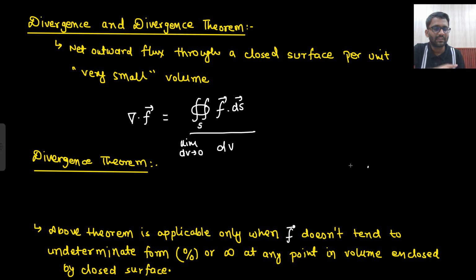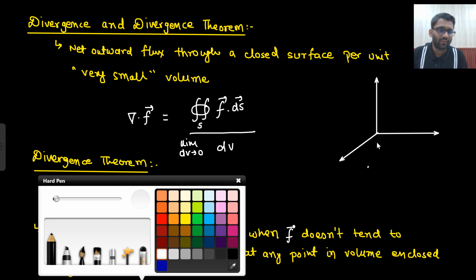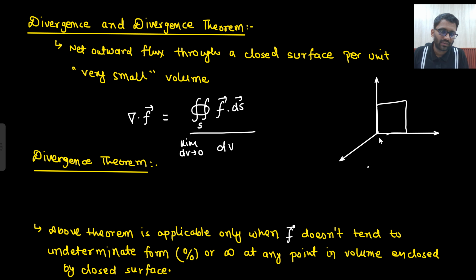What do you mean by closed surface? With the help of open surfaces, you can make a closed surface, and that will enclose some volume. I can show an example very quickly. Roughly, using these surfaces, I am making this.